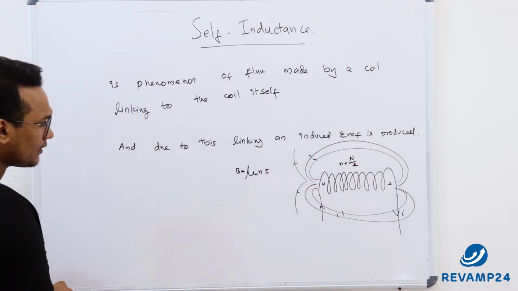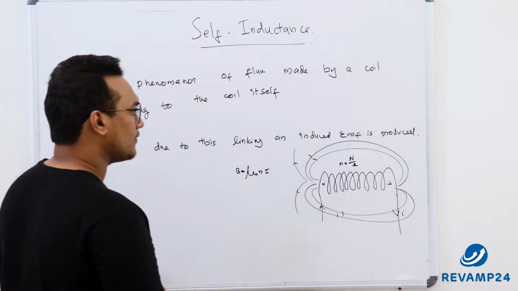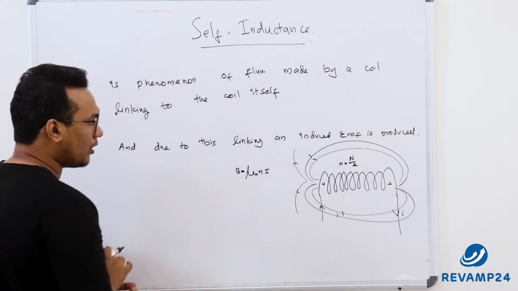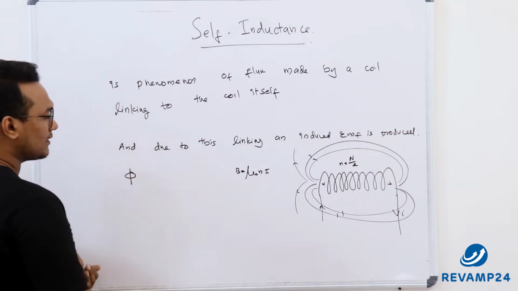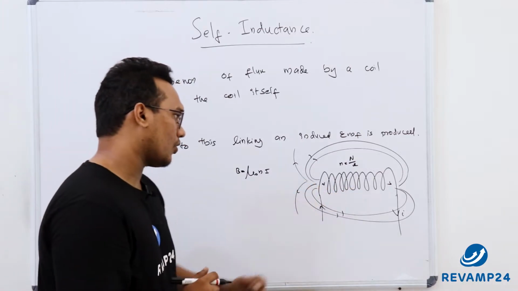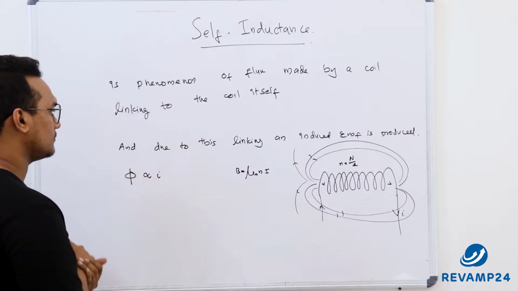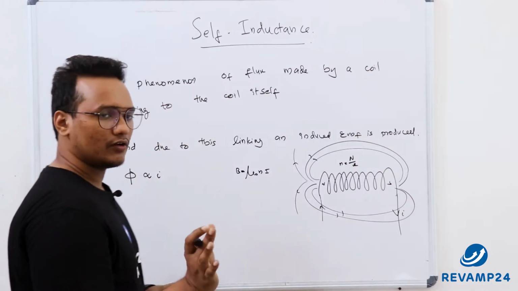Now we will see the value of self-inductance. As per the law, the flux linkage with the same coil is directly proportional to the current passing through it. It's very obvious, right?